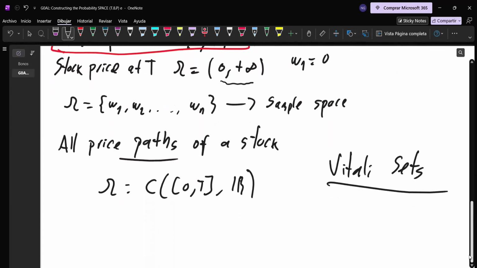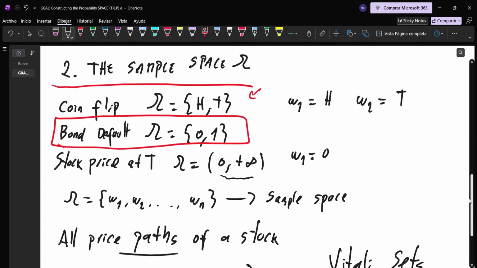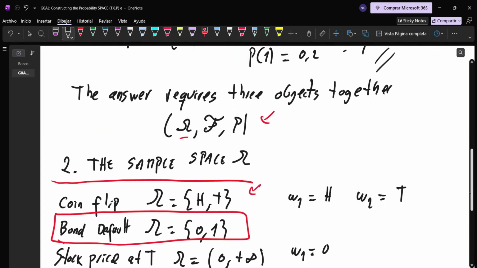And then comes the question: which subsets can have probability? Yes, we have the space of the events. This is the first object of this construction. Then we need to say we have events, and which event can have probability?